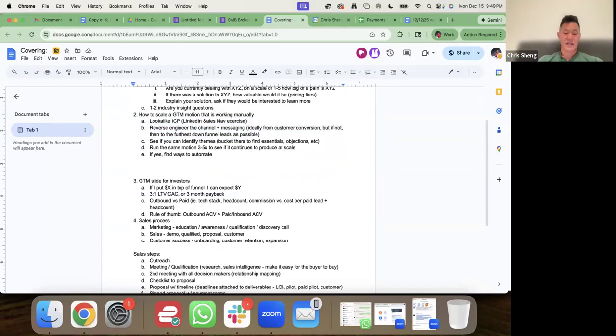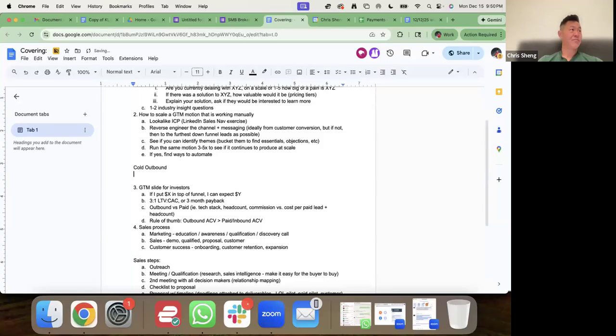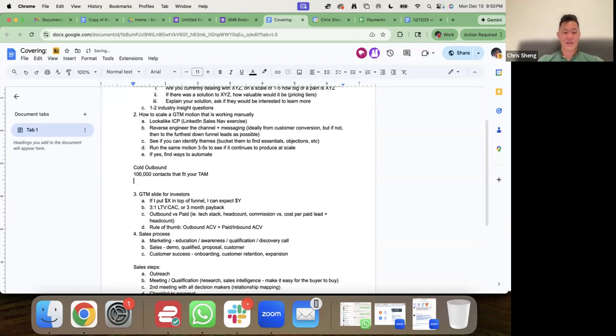Okay, so this is the framework for how to think about cold outbound. Let's say, for example, in your TAM you have 100,000 contacts that fit your TAM. Let's split them into 5 cohorts of 20,000 each.